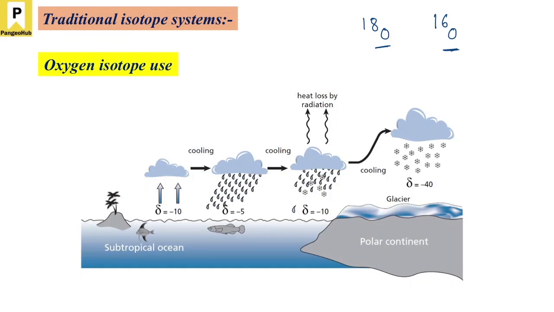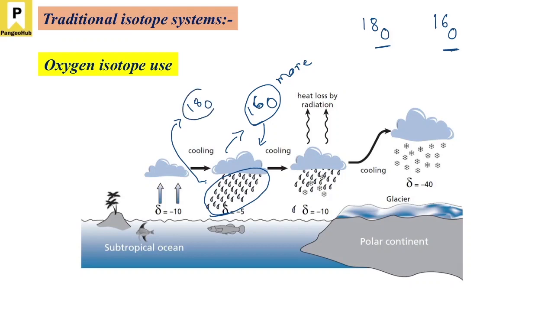So this will obviously make this cloud richer in lighter isotopes. So here we will find delta 16O more in this cloud, and delta 18O more in this rain. That is why this delta value is around -5, but the delta value of this evaporated water was -10.